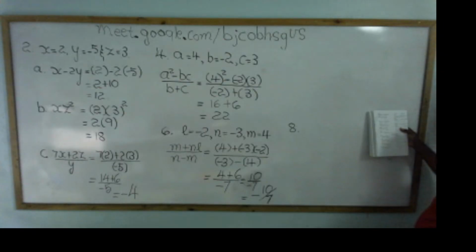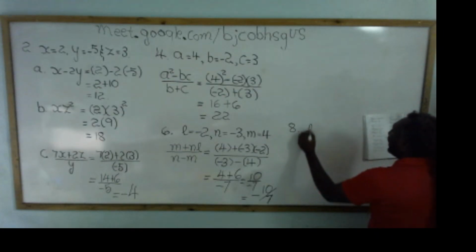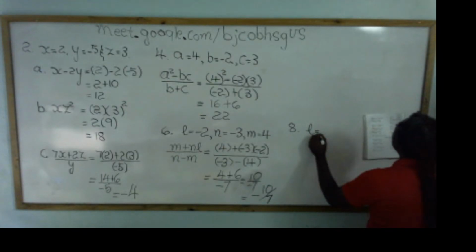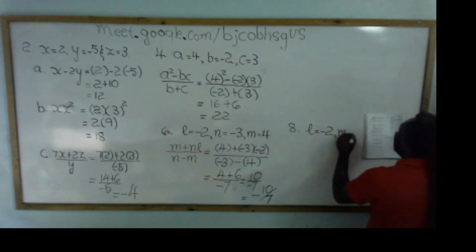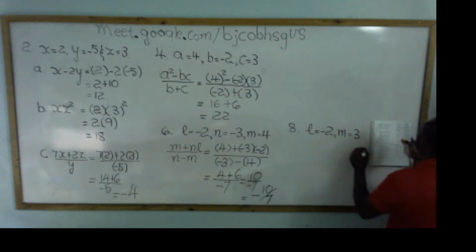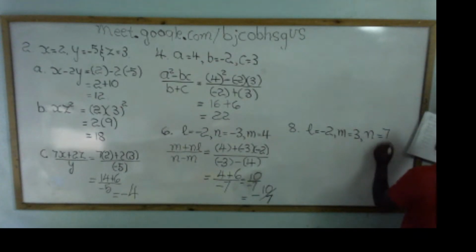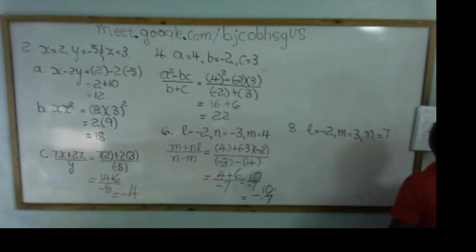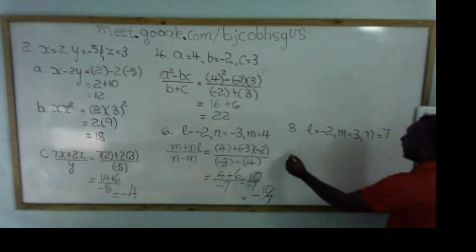Number 8. L is equal to negative 2, m is equal to 3, and n is equal to 7. So what we're going to find is Lm.